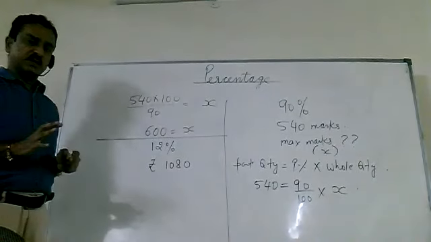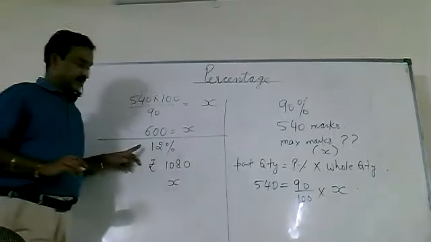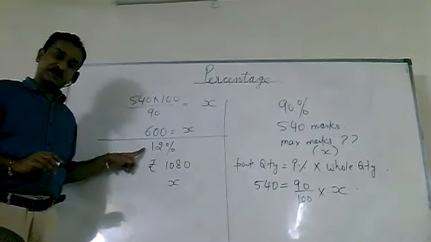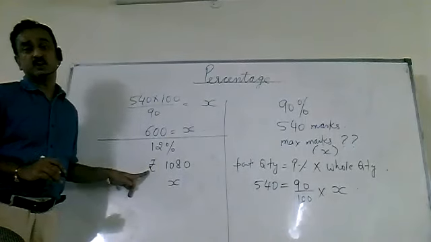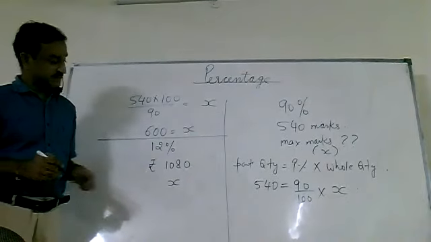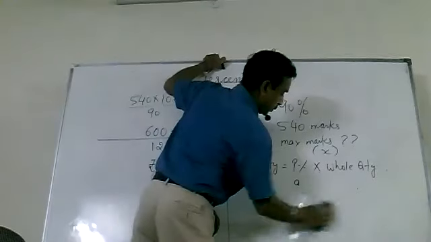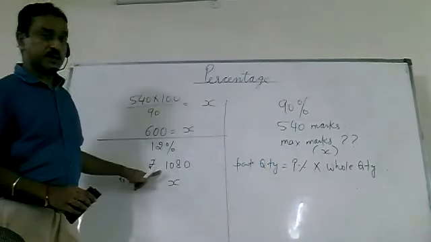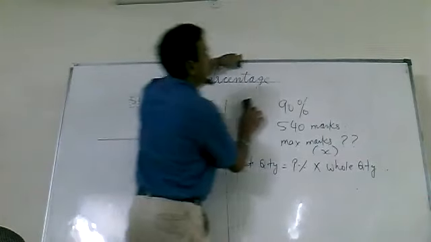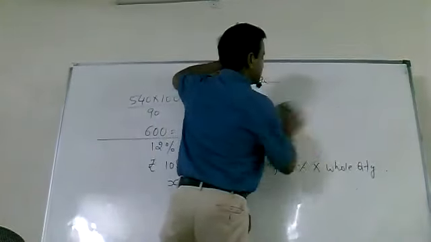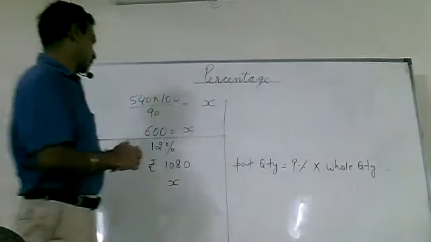There was some money, we don't know how much money it was, so let that term be X. This person got 12% of that money, and in actual he got rupees 1080. So what is the maximum money that was available? Again, here we know the part quantity and the P%. We do not know the whole quantity. So the formula remains the same. Using this very formula, we can calculate.